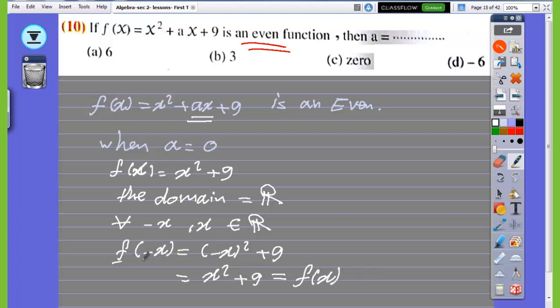So since f of negative x equals f of x, the function f is even according to the definition.